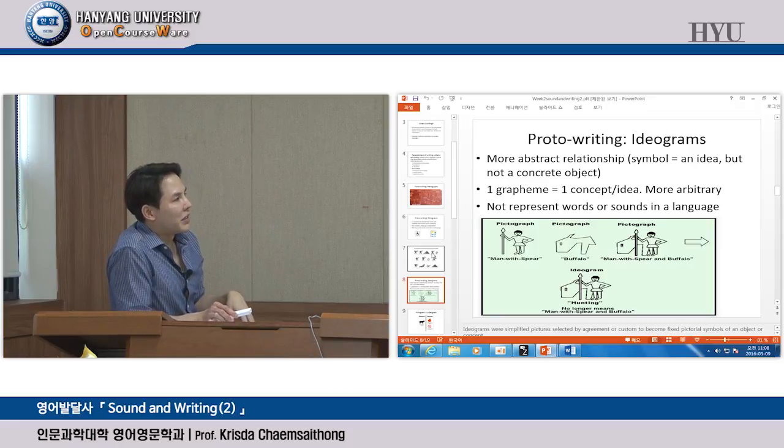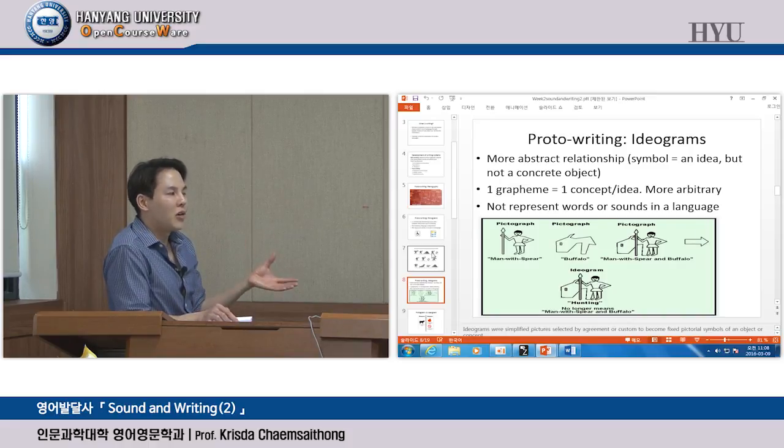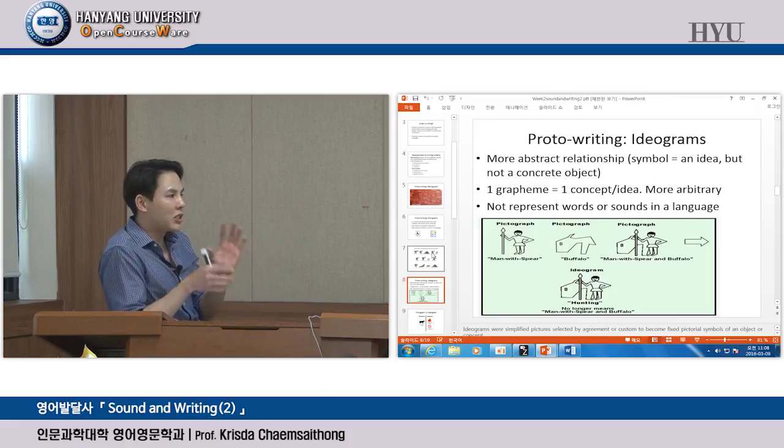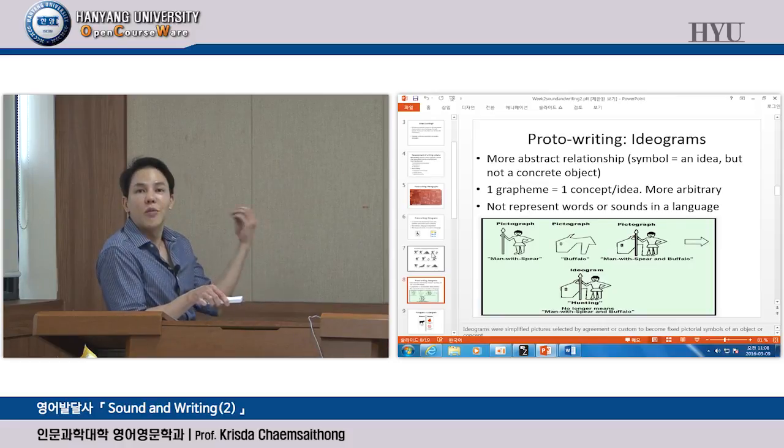So in a pictographic system, you have a man with a spear and a buffalo like this. But when it becomes an ideogram, it means hunting, because you can associate the spear as the weapon that is used for hunting. So it's a more abstract ideogram.